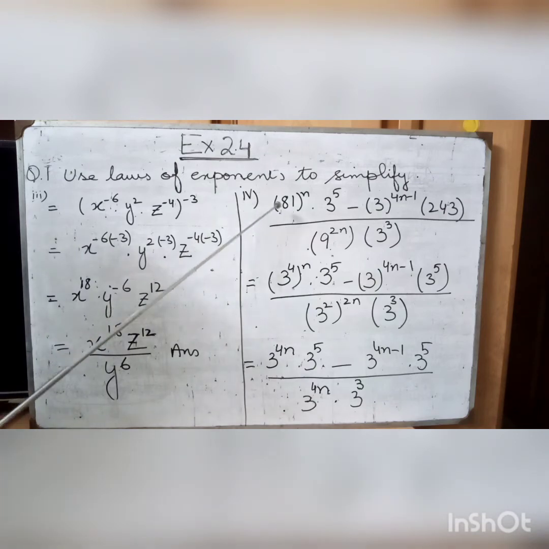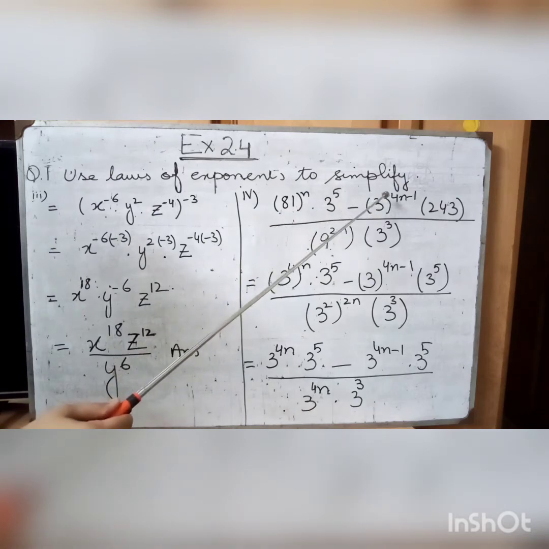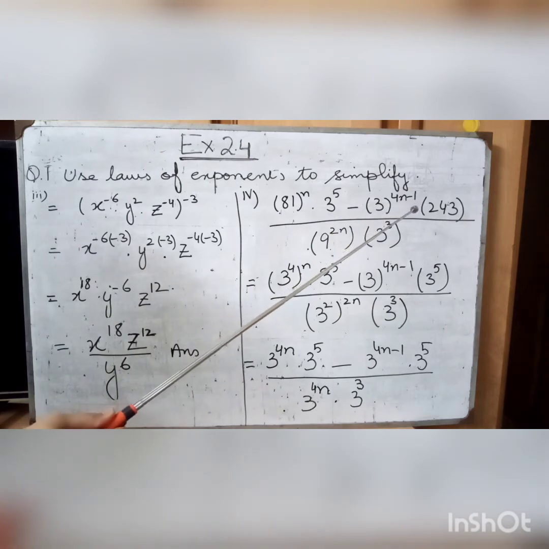Fourth part: 81 raised to power n into 3 raised to power 5, minus 3 raised to power 4 into n minus 1, over 2 into 243 over 9 raised to power 2n into 3 raised to power 3. 81 is equal to 3 raised to power 4.